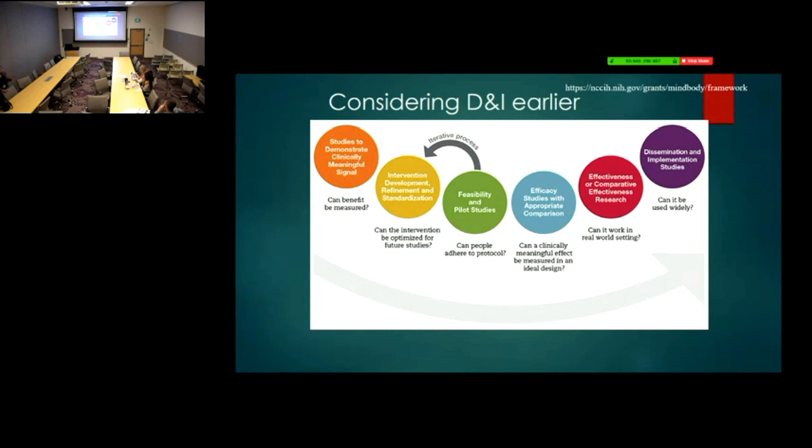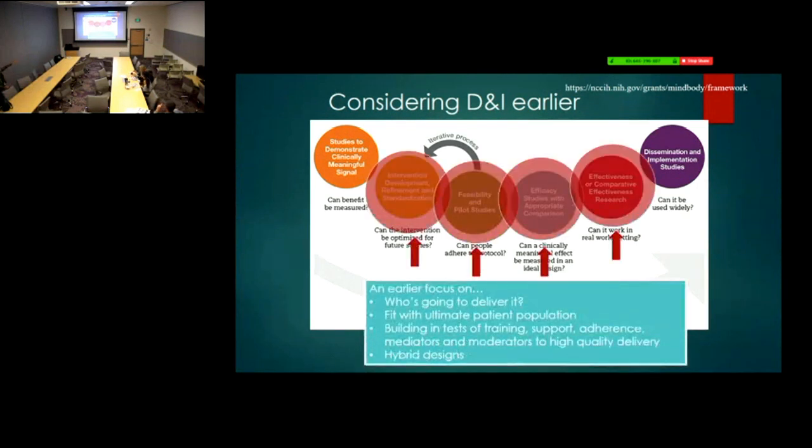So it's not like you wait till the end and then you have something that is not going to be able to be implemented or disseminated very well. And so it's kind of moving all of this, while you're doing this development work, to be thinking of the end in mind.